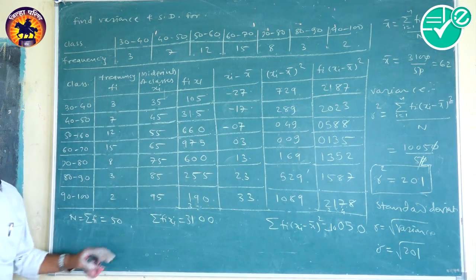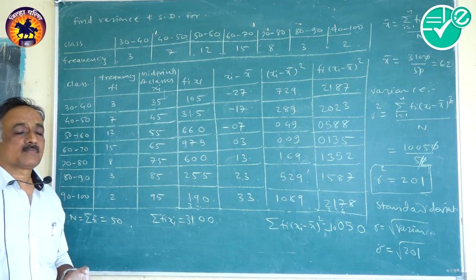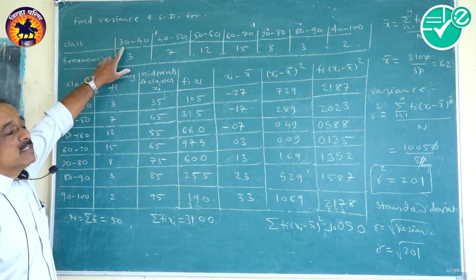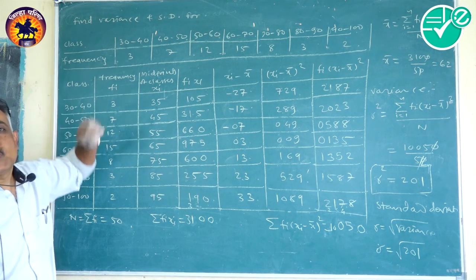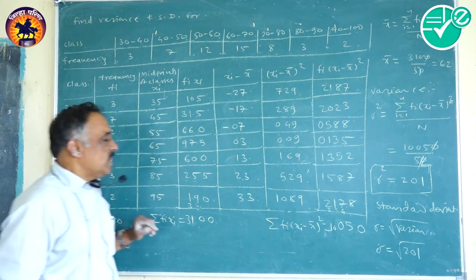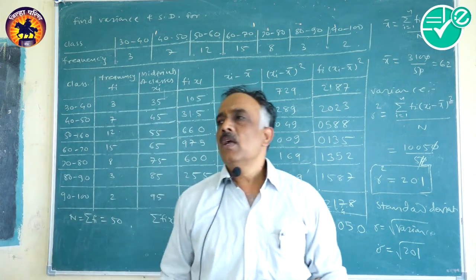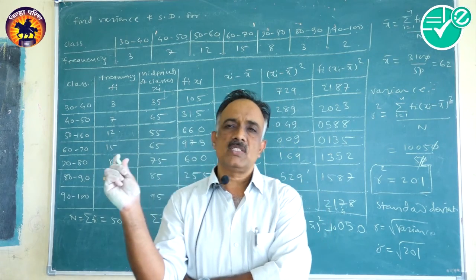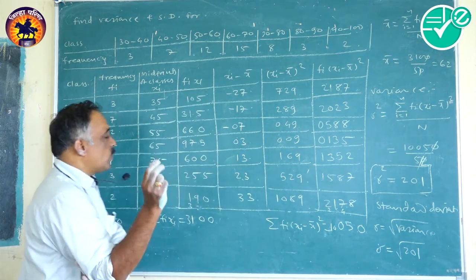Hoping you get how to find the variance and the standard deviation for the continuous frequency distribution. Well, lastly, if you want to compare two variances or two standard deviations, what is the mistake?